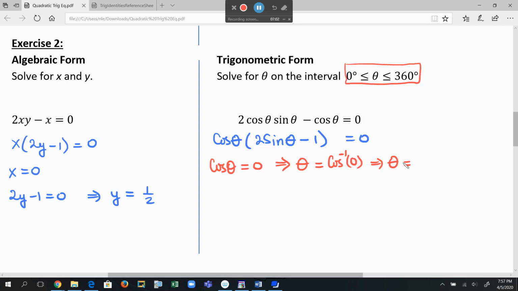Cosine of theta equals 0 when the angle theta is 90 degrees, since cosine of 90 degrees is 0, and 270 degrees.